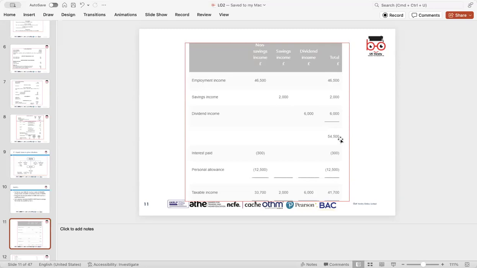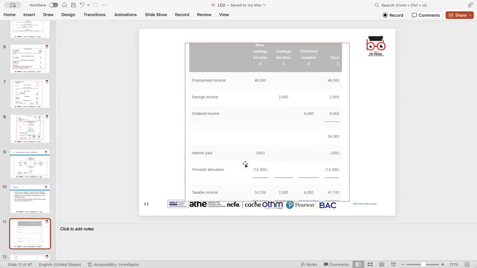So net income is 54,500 pounds minus interest paid of 300 pounds, so his net income is 54,200 pounds. For taxable income, we subtract Joe's personal allowance from his net income.